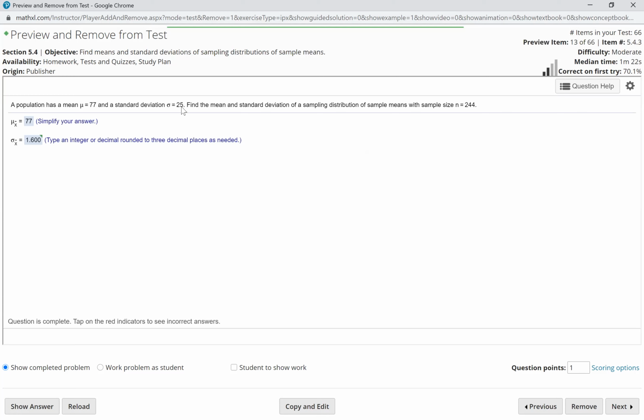So if you take 25, guys, and divide it by square root of 244, you should get this. All right, next.